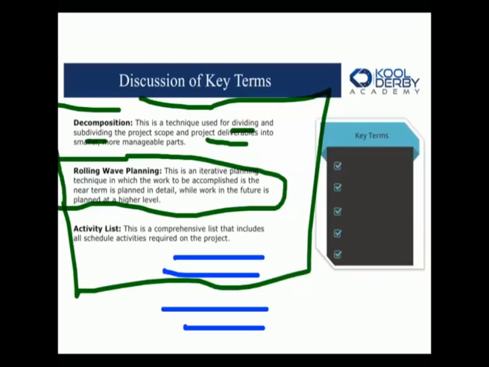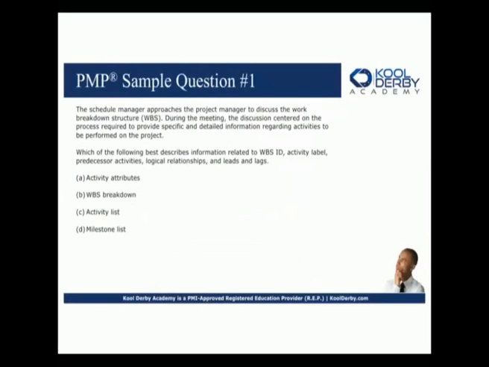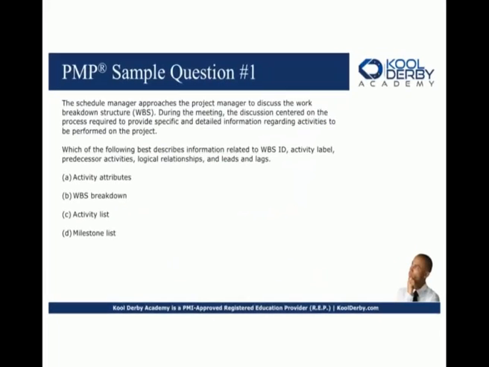All right, now let's take a question. I wrote this question today. The schedule manager, let me see if I can magnify this a little bit. The schedule manager approaches the project manager to discuss the work breakdown structure.